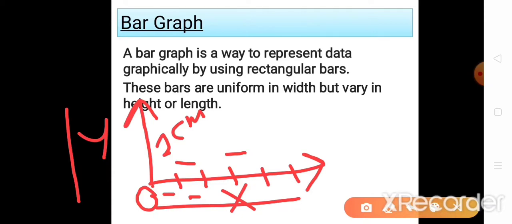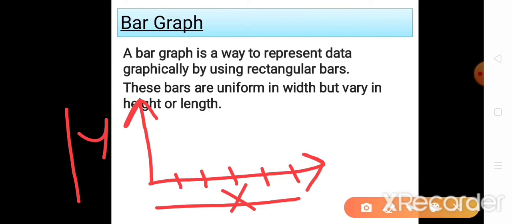After that, you can place your bars the way you want. Suppose you want to represent the data of your marks of your maths. Say you are getting 50 out of 60.